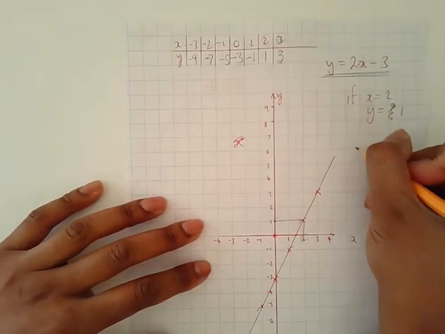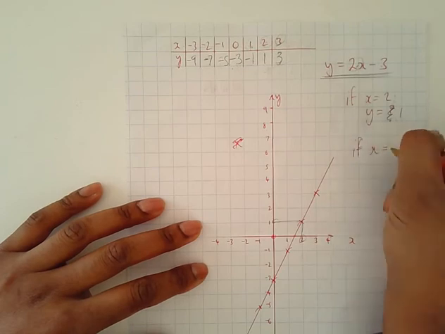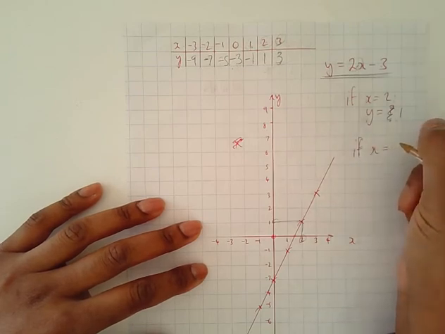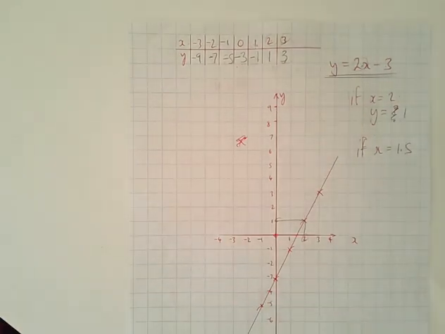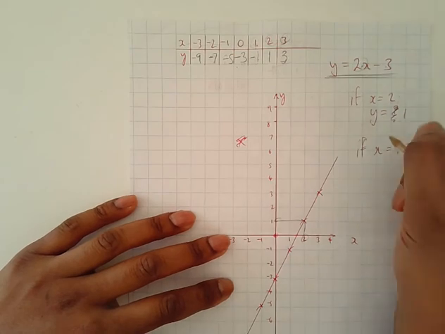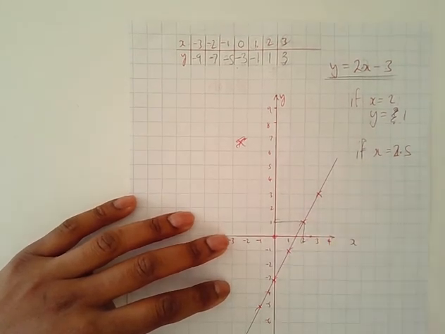So for example, let's try a decimal. I'll try 2.5. 2.5 is right here.